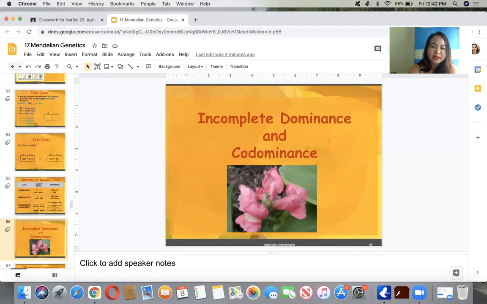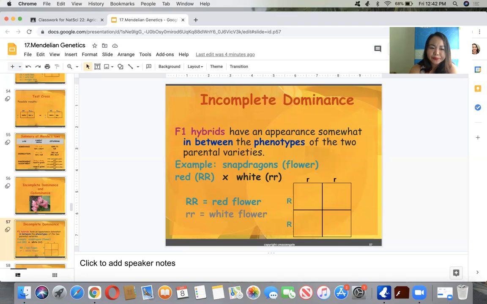So we also have another, incomplete dominance and codominance. What are these? So incomplete dominance is when the first filial hybrids have an appearance somewhat in between the phenotypes of the two parental varieties.